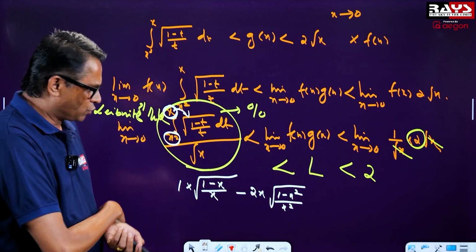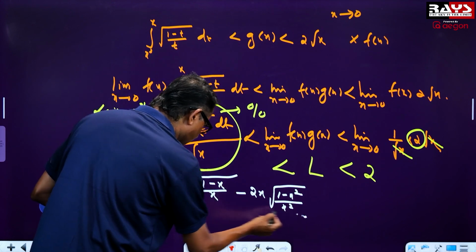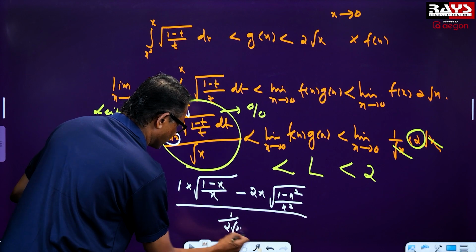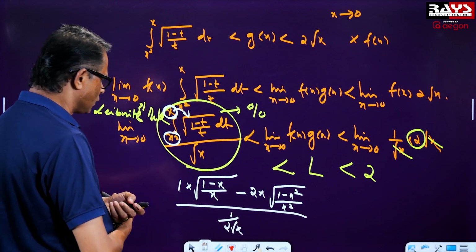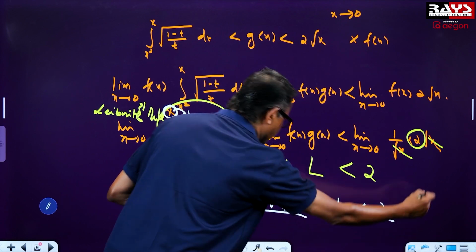Derivative of x square is what? 2x into root of 1 minus x square by x square, divided by derivative of root x, which is 1 by 2 root x. So that is less than the limit L, less than 2.